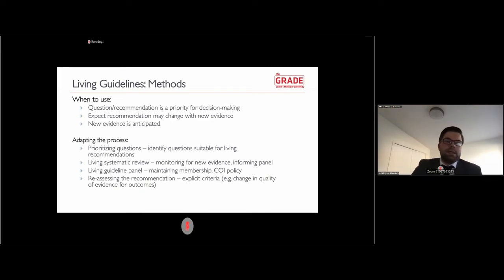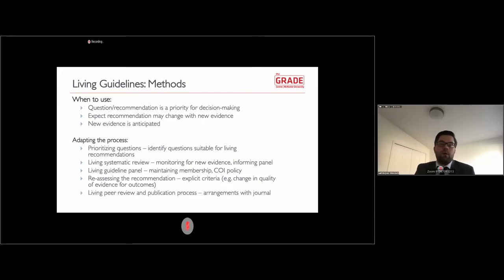We then need to consider how we will reassess the recommendation and have explicit criteria. This, just as one example, may be the change in quality of evidence for the health outcomes that are considered, and work with the panel to reassess and update the recommendation as needed.